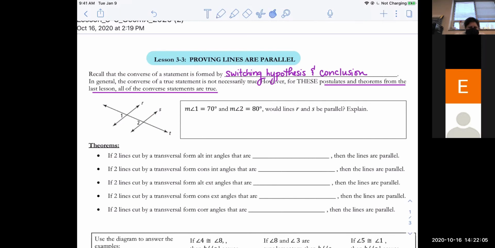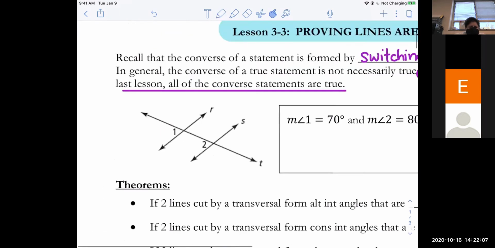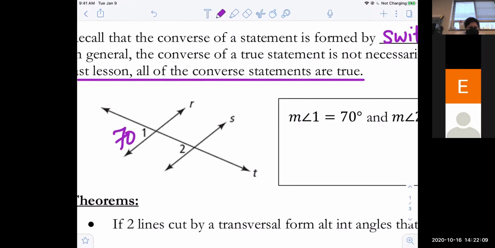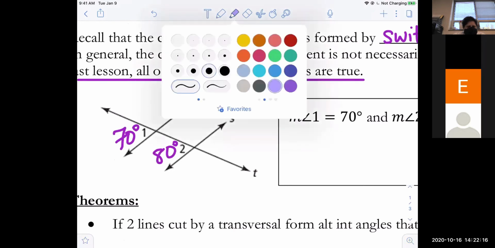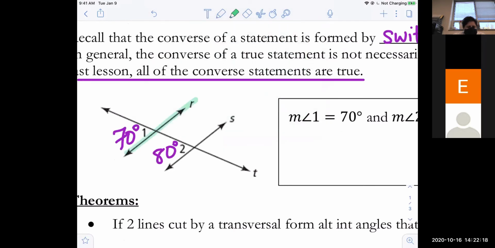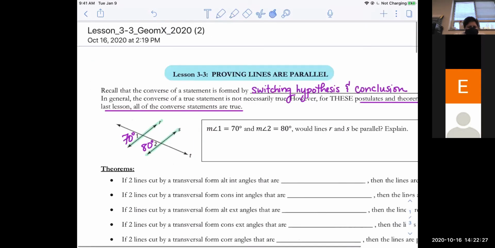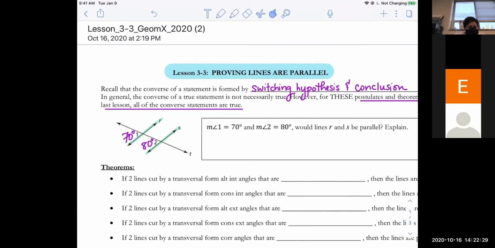Okay, so look at this picture. If angle 1 is 70 degrees and angle 2 is 80 degrees, will R be parallel to S? Daniel? Because? Good.